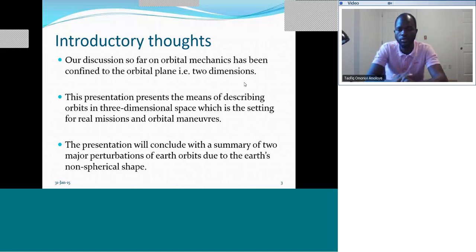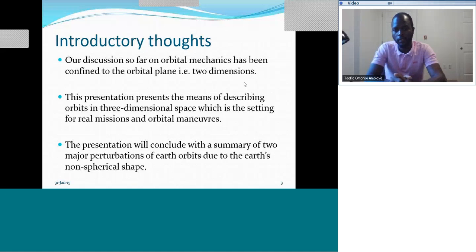It will also conclude with a bit of a summary of the 2 major disturbances of Earth orbits due to the Earth's non-spherical shape, which we will refer to as the effect of the obliqueness of the Earth. Because the Earth is not a perfect sphere, it's got some bulging at its equator.